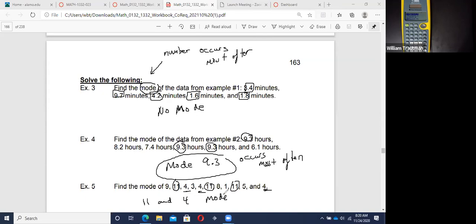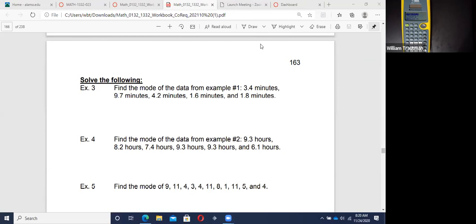If I had just one more 11, then 11 would be the mode because 11 occurred 4 times and 4 occurred 3 times. So the number that occurs the most often is the mode. Here, 11 and 4 both occur 3 times, so we consider that 2 modes. Mode is the number that occurs the most often in our data.